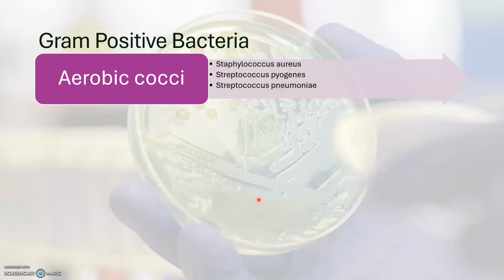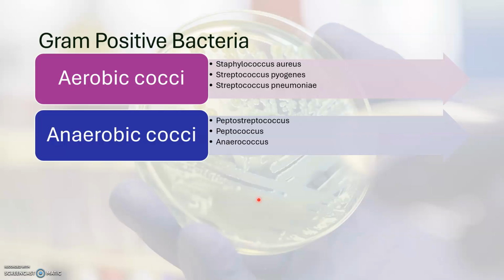These are fairly common pathogens, particularly of the respiratory system and soft tissues. Some common organisms that you would be accustomed to are Staph aureus, Strep pyogenes, and Strep pneumoniae.